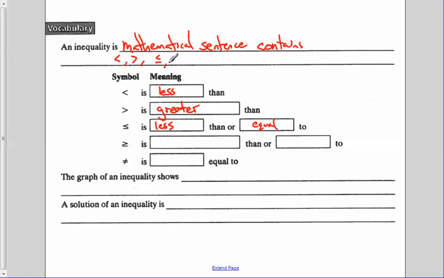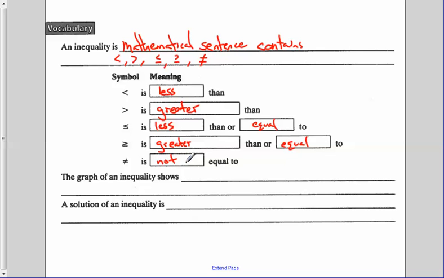And then we have the opposite, greater than or equal to. And then we have our not equal to sign. And we've talked about this one before, where it's an equal sign with a line through it.